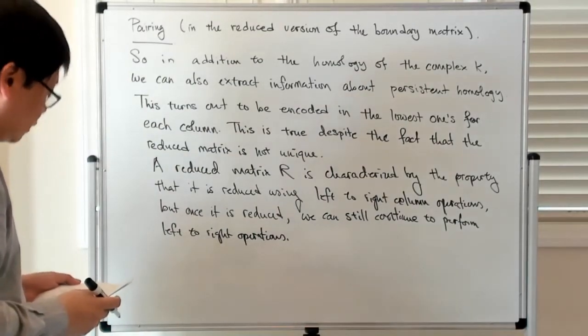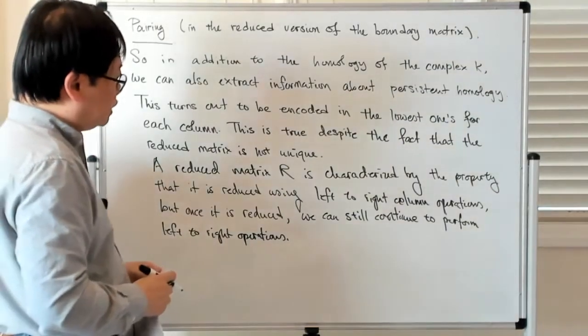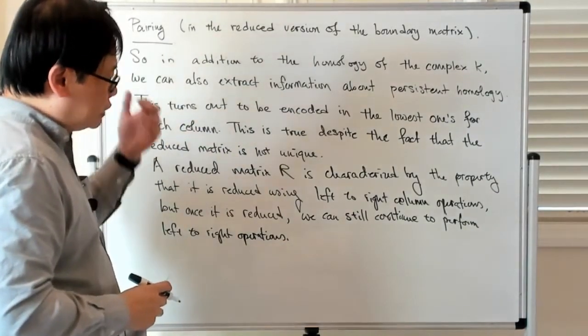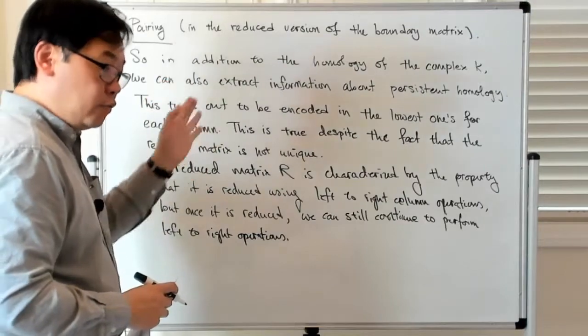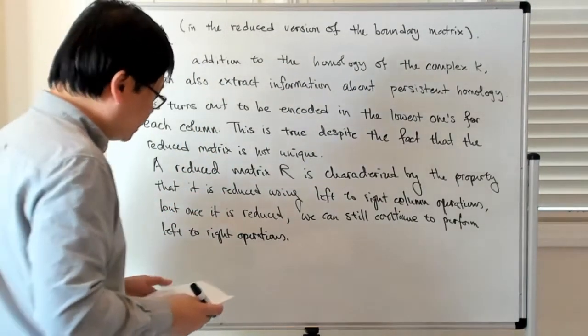So it's not immediately obvious that this notion of the lowest one associated with each column is well defined and unique in that sense.